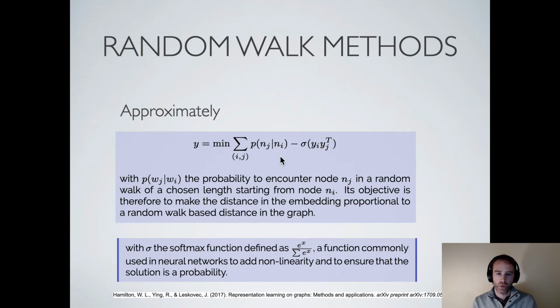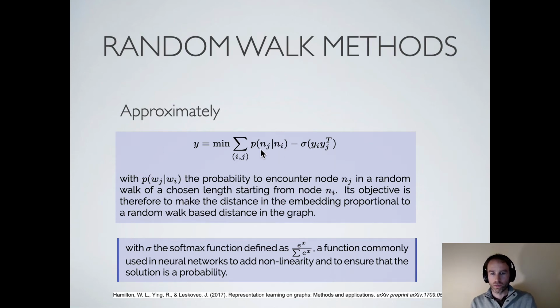If this value is small, then you will try to keep this value small. And to keep this value small, you need the vectors to be orthogonal. Okay, so you need the vectors to be completely different. While if this value is high, then you will try to have the same vectors here, because in this way the vectors will be parallel and the value will be high.